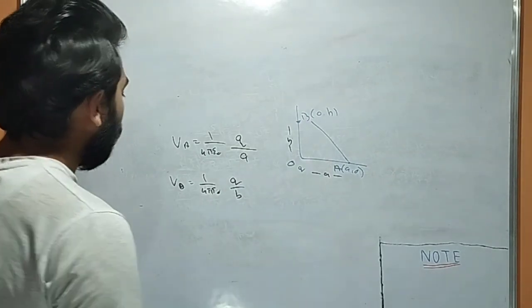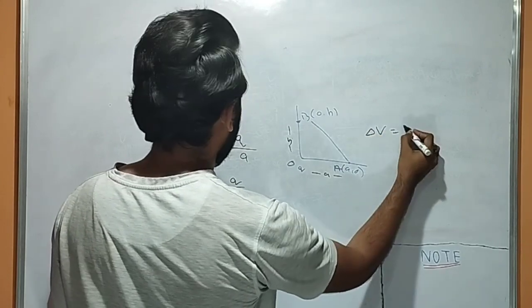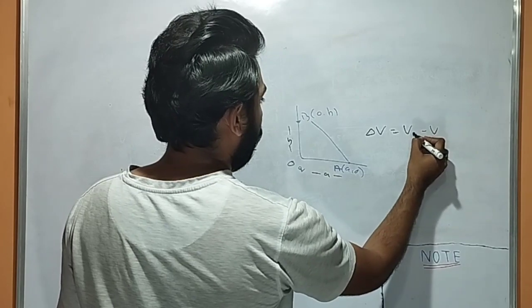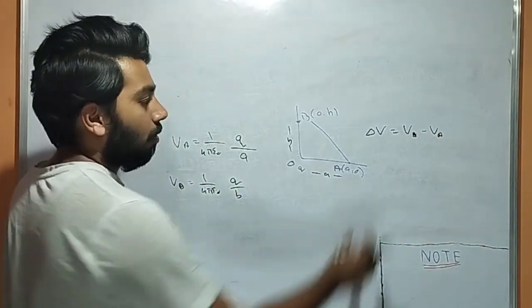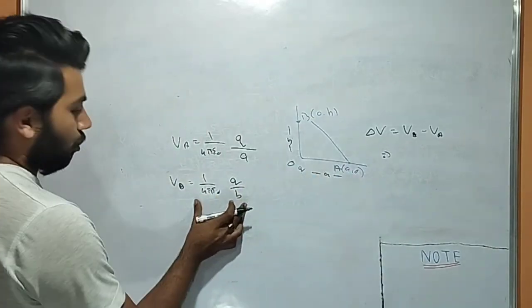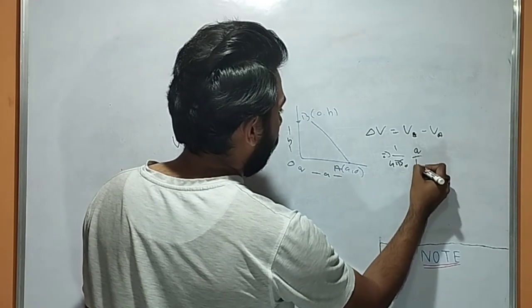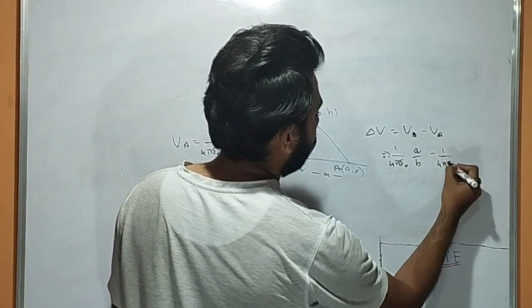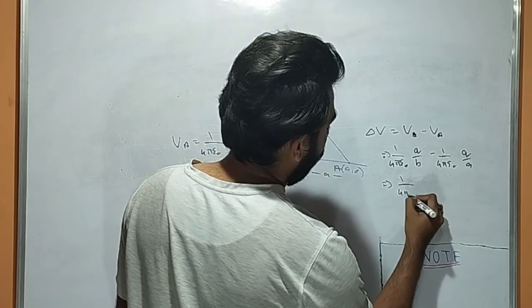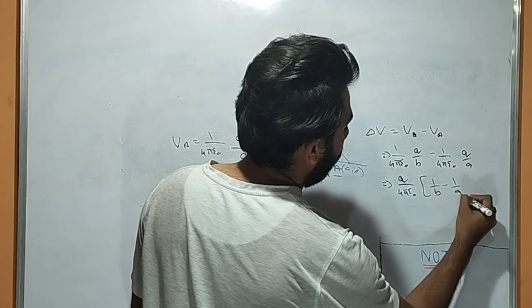Very easy. Now we know the potential formula. The potential difference is equal to final potential minus initial potential. Now what is the final potential? Final potential is 1 by 4 pi epsilon naught Q by B, minus 1 by 4 pi epsilon naught Q by A. Now take the common factor 1 by 4 pi epsilon naught Q times (1 by B minus 1 by A).